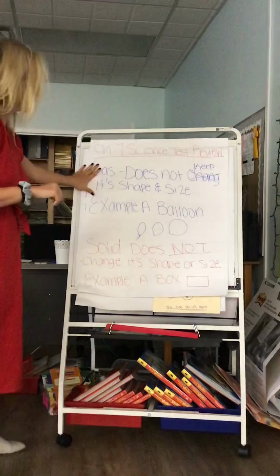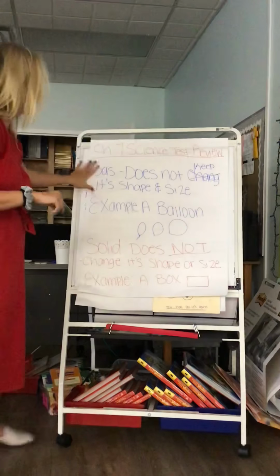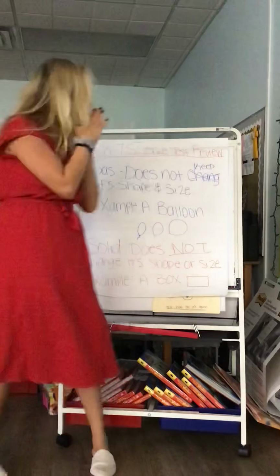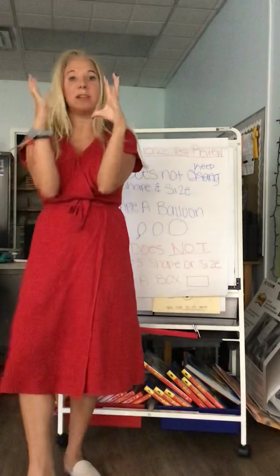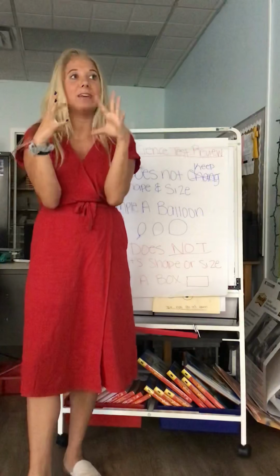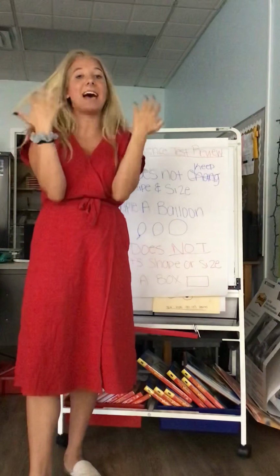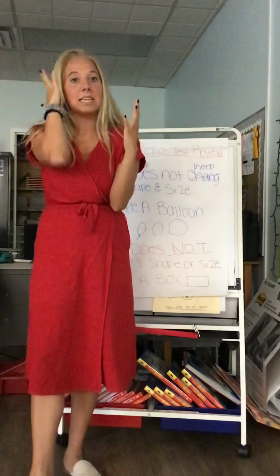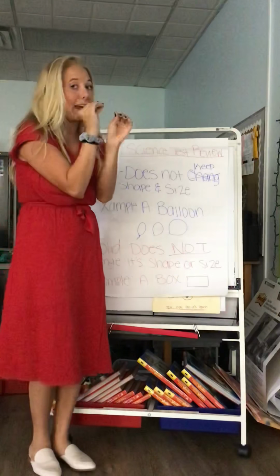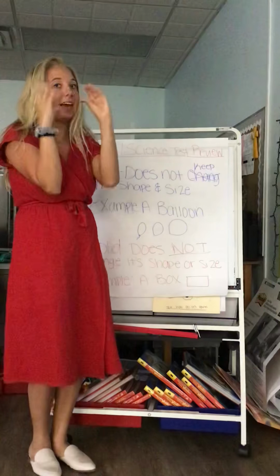So a gas changes its shape and size. It does not keep the same size and the same shape. So, for example, if I had a balloon that has helium in it, that is an example of a gas. If I blow a little bit of air into my balloon, it's small.